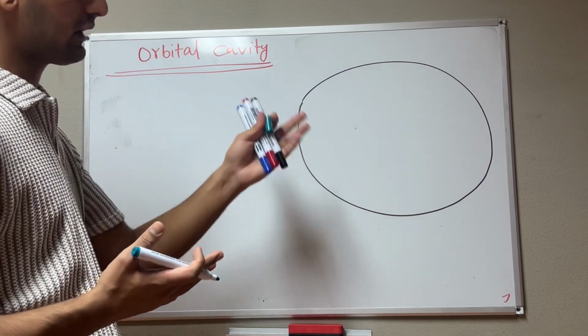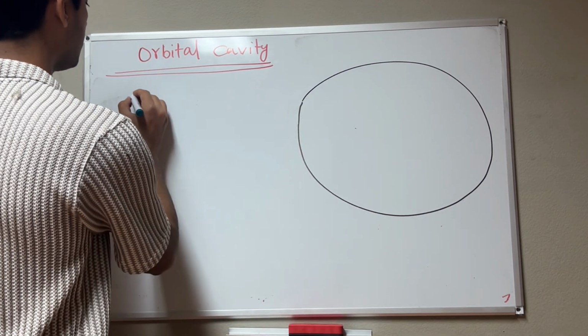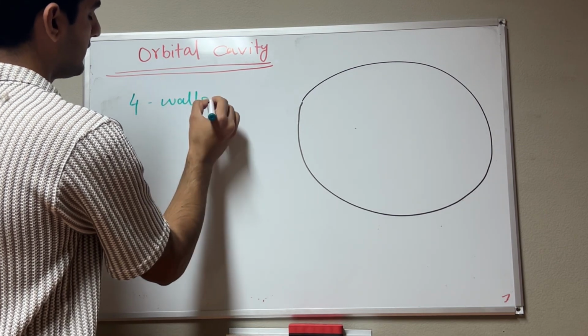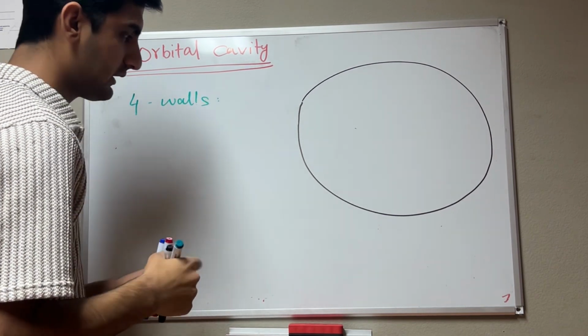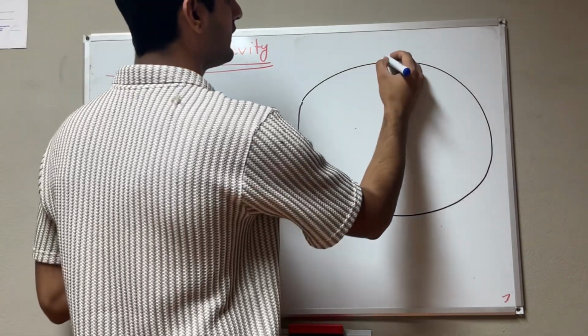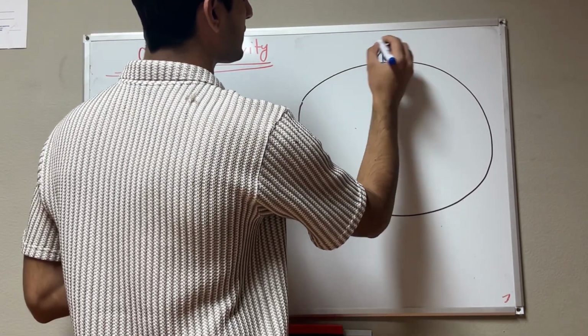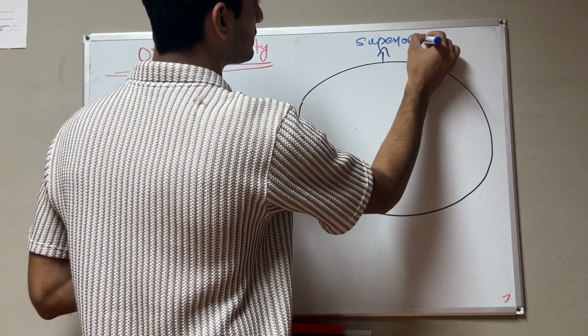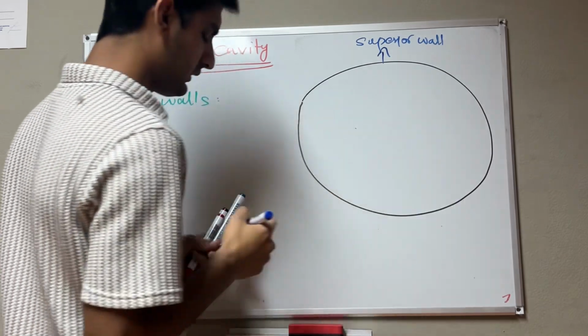First of all, the orbital cavity has four walls. Okay, four walls of the orbital cavity. Which walls will we discuss? This one is the superior wall.